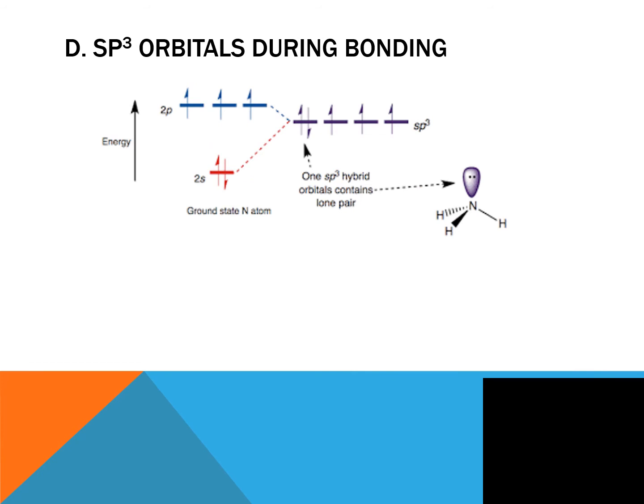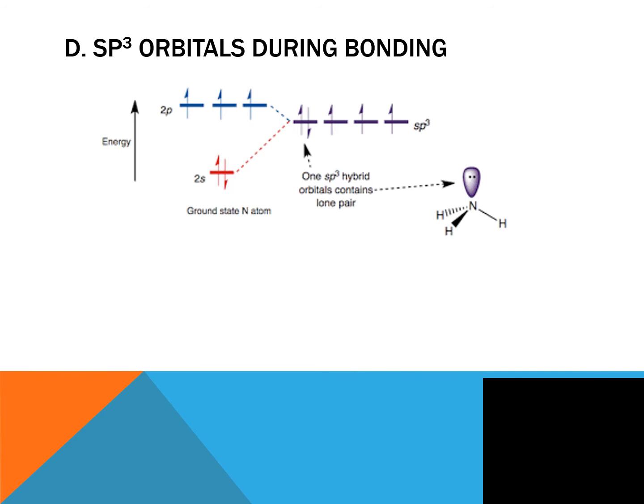All right, so let's look at ammonia. So if you remember, ammonia has only 3 bonding electrons for nitrogen. So for the hybridization, one of the 2s electrons will hybridize into the sp3 hybrid orbital, and then it only has 3 bonding sites.